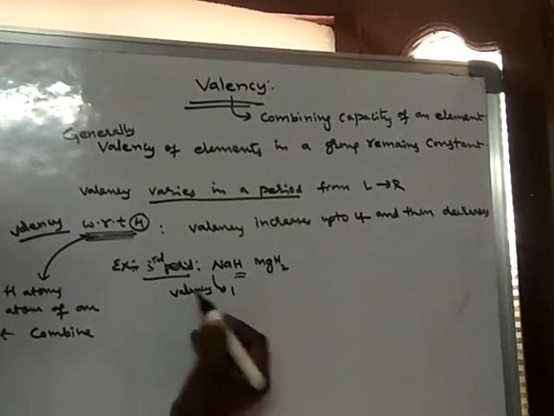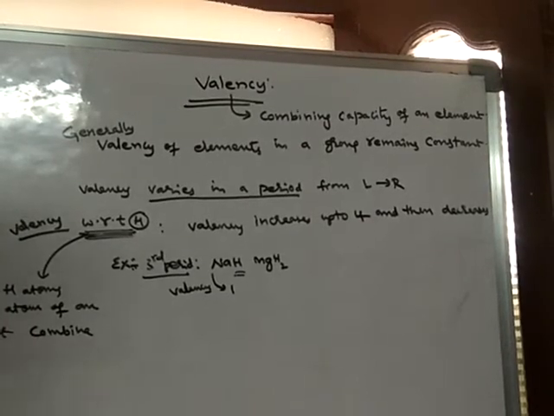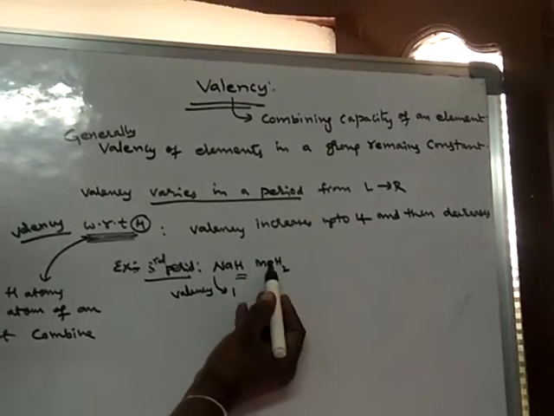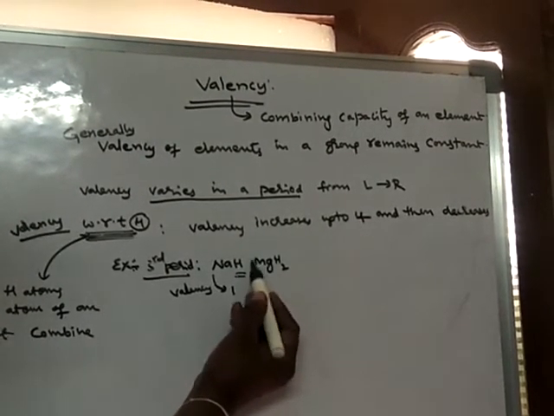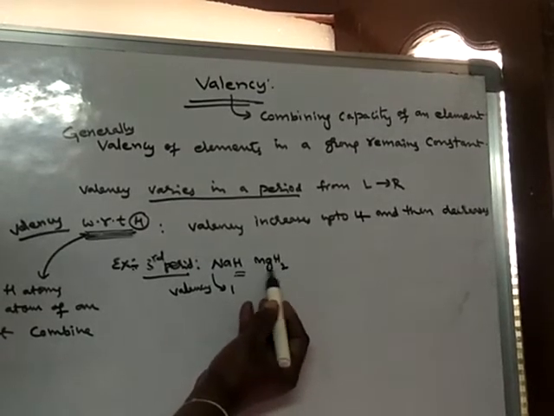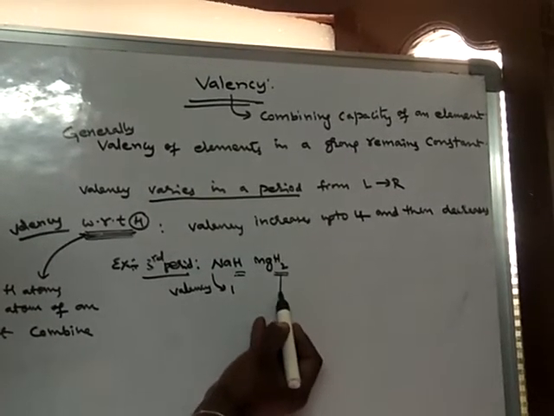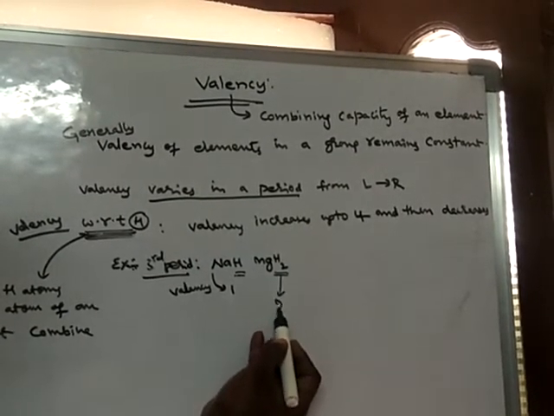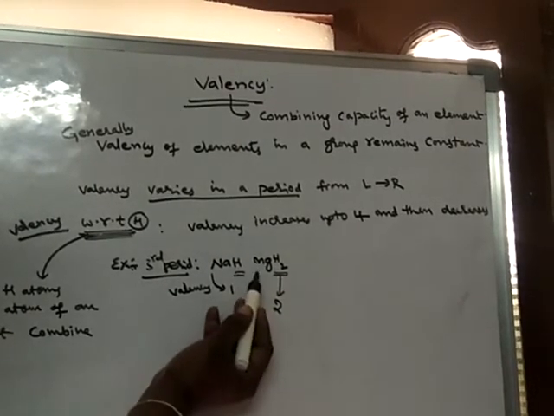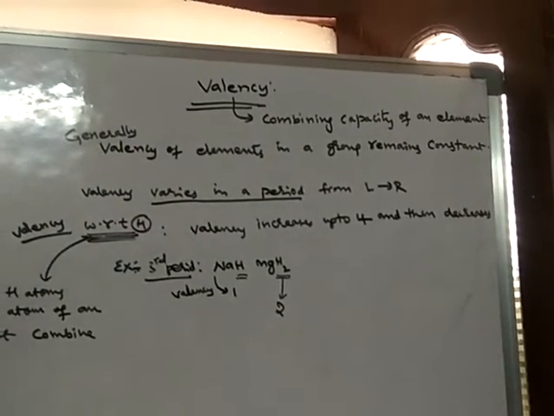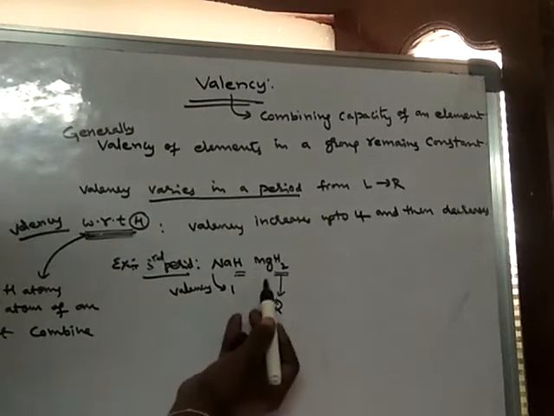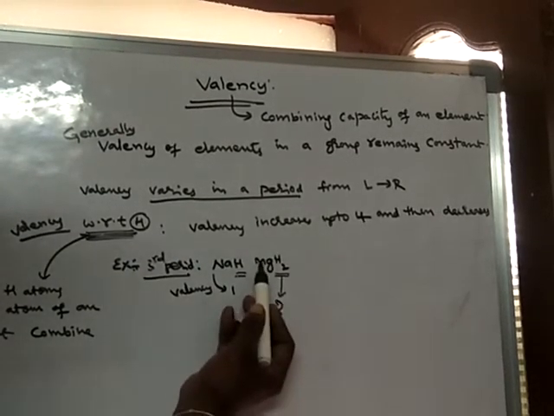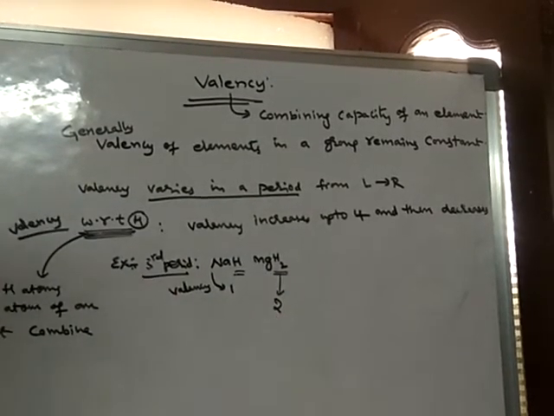In the same way, one atom of magnesium combines with two hydrogen atoms, and that number is the valency of magnesium. So if someone asks, we have to say that with respect to hydrogen it is 2.